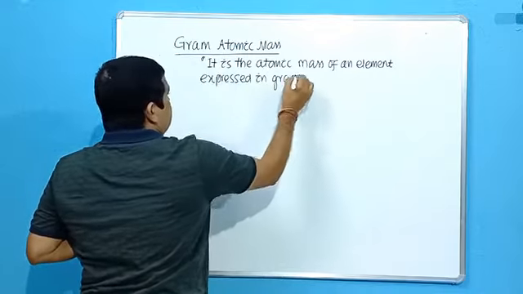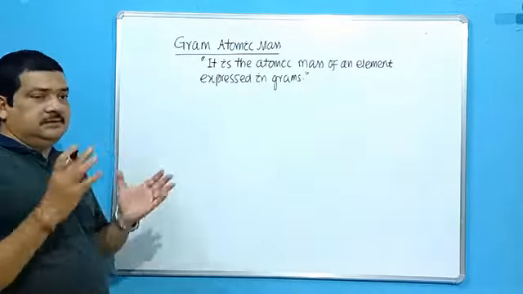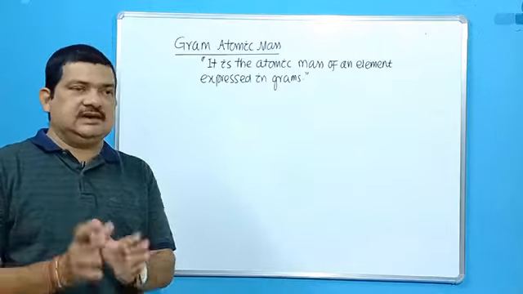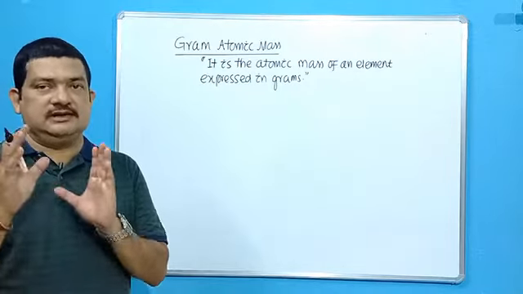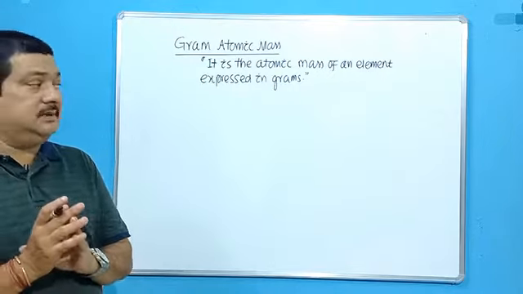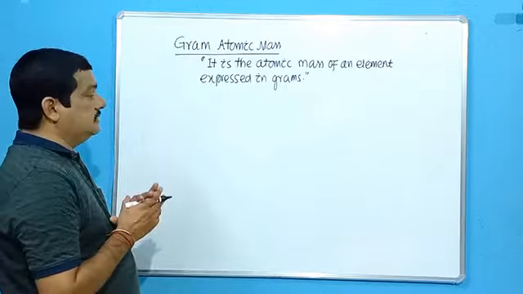Okay, so this is defined as gram atomic mass. We know how to calculate and remember the atomic mass. Wherever there is atomic mass, we will simply add g, for gram, to the side of the atomic mass. That becomes gram atomic mass.